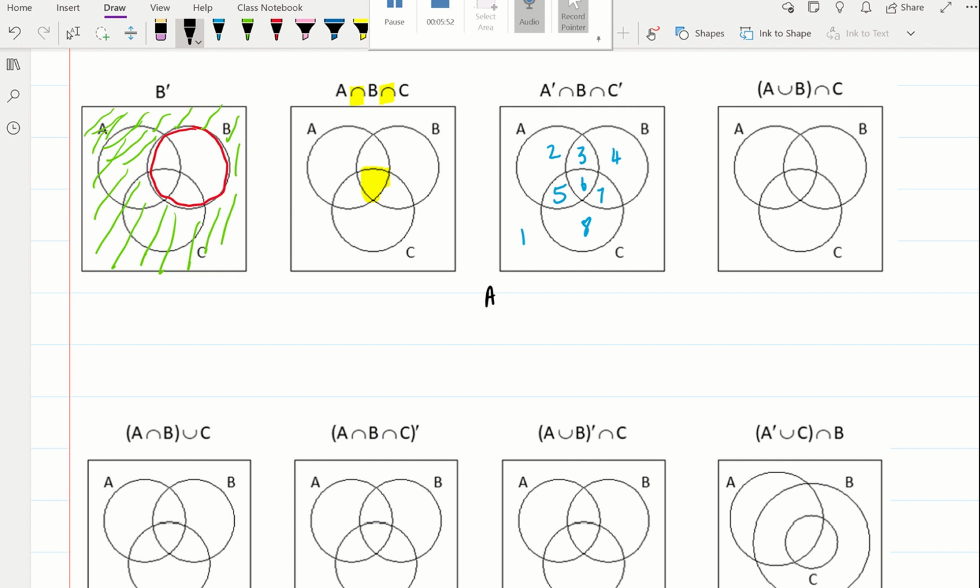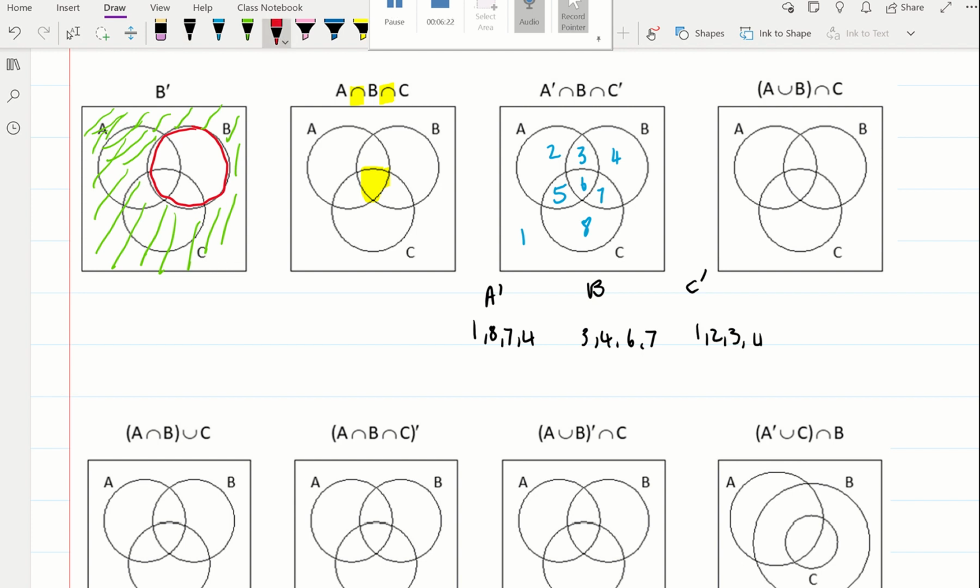The complement of A, not A, so I'm kind of doing that. I want 1, 8, 7, and 4. B, well, B is straightforward. It is 3, 4, 6, and 7. The complement of C, not C, is 1, 2, 3, and 4.